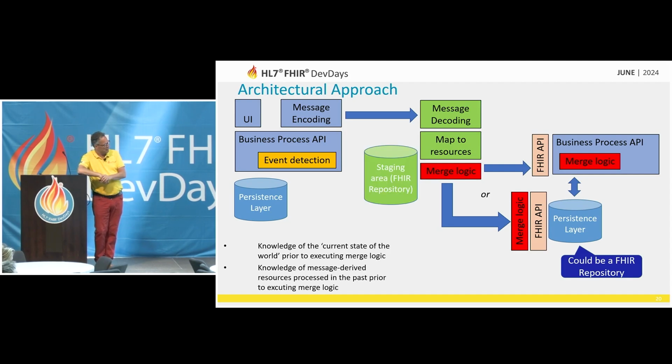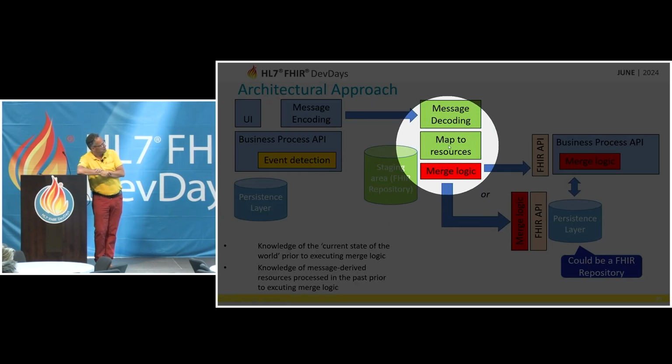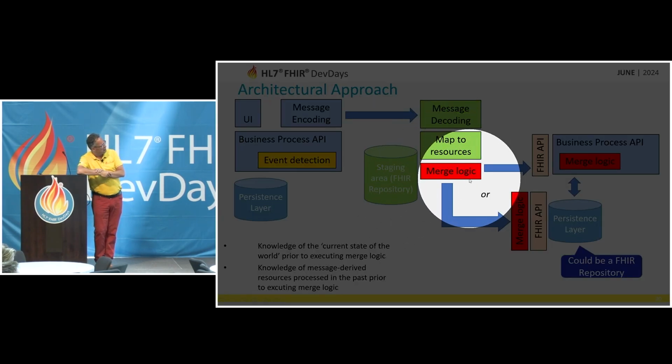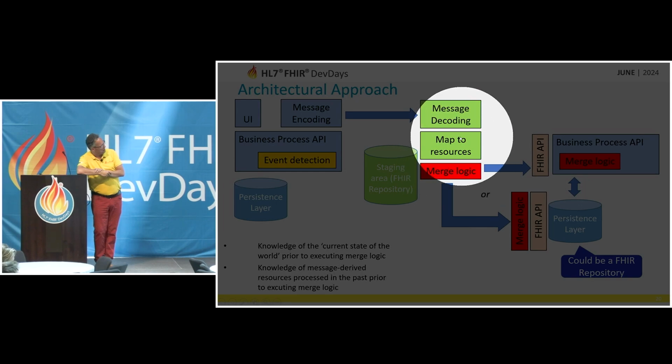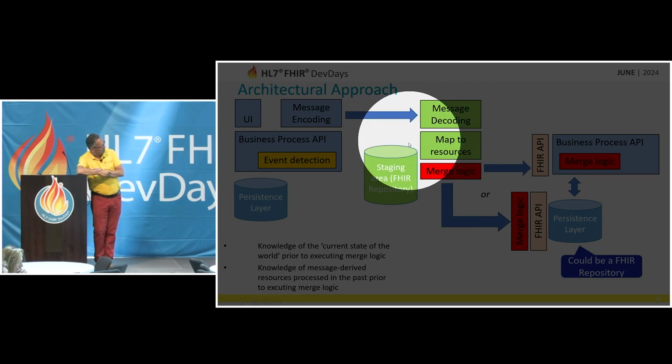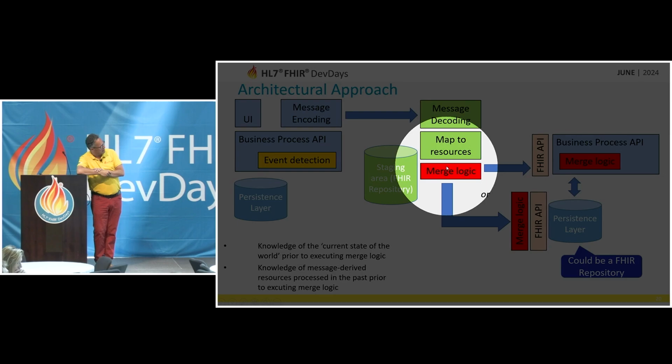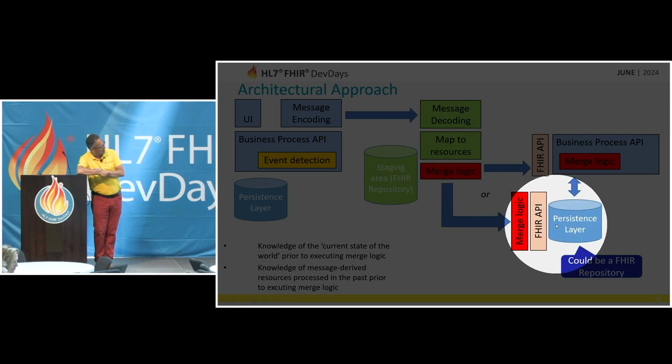Now, we have seen some even more elaborate implementations of this, where the translation system says, well, given that I have to merge, what I'm going to do is translate all the version 2 content into FHIR, put that in a kind of staging area FHIR repository, and then start looking at what's already there, merge it, and send the merged stuff over there.